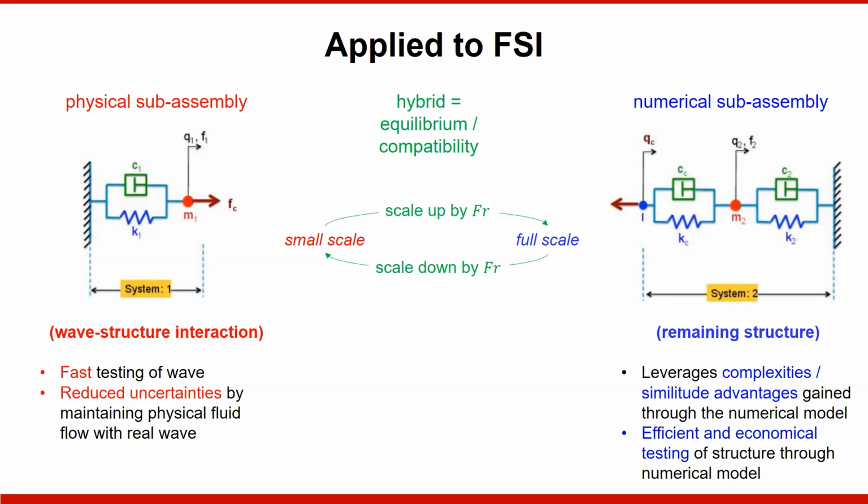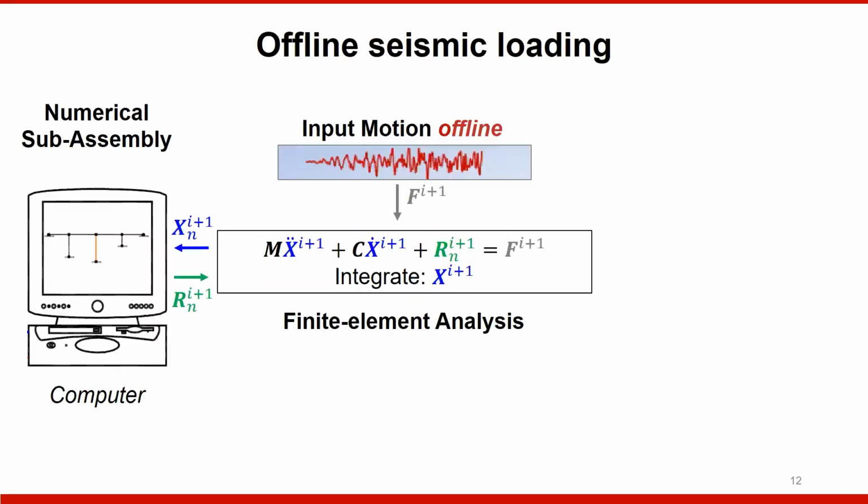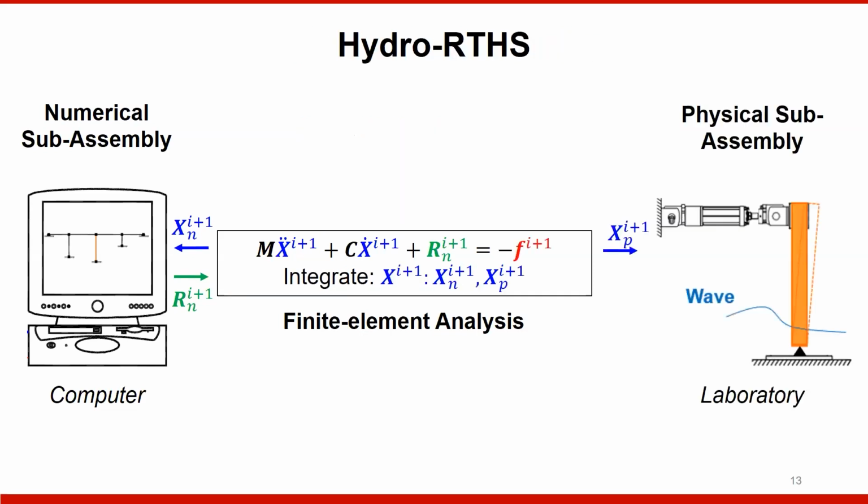We did this in a pilot study to study the effects of cascading seismic and tsunami events. We took a numerical model of a bridge and subjected it offline to seismic loading, so now the bridge is damaged. Then we took that numerical model and coupled it to a physical experiment of a bridge pier at the Oregon State University large wave flume.